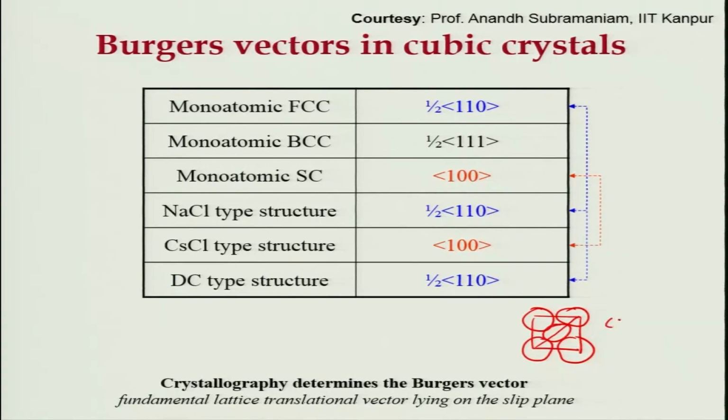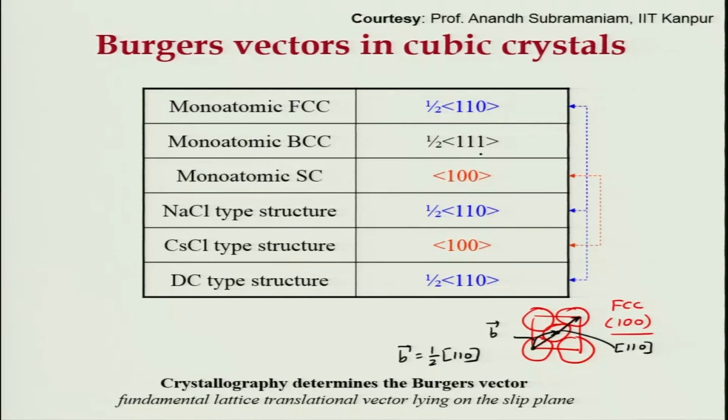The Burgers vector is from this atom to this atom. So, this is the B, and B is half 110.